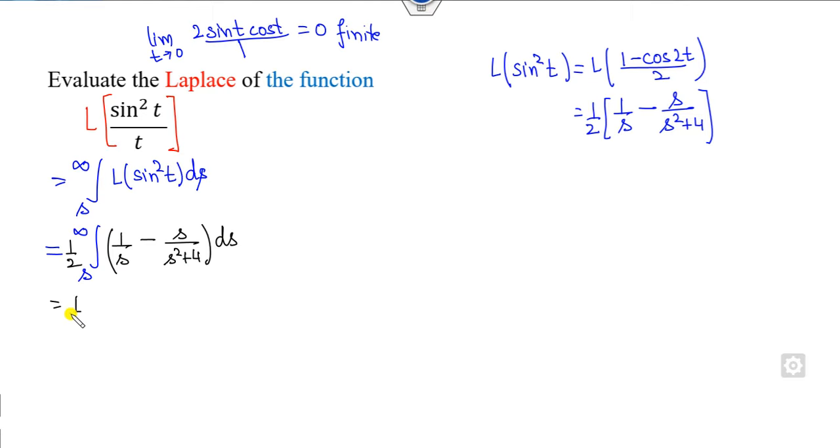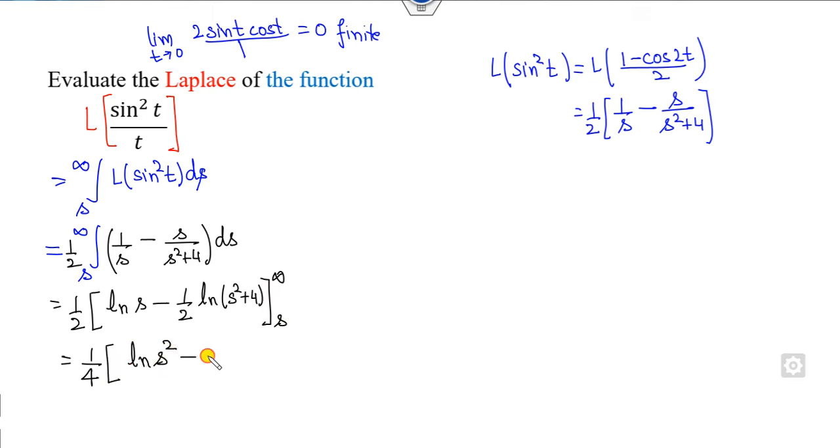Now can you integrate them? Half is outside. It is ln of s minus half ln of s square plus 4, from s to infinity. Again I can take 1 by 2 common. So it is half of ln s square minus ln of s square plus 4, from s to infinity.